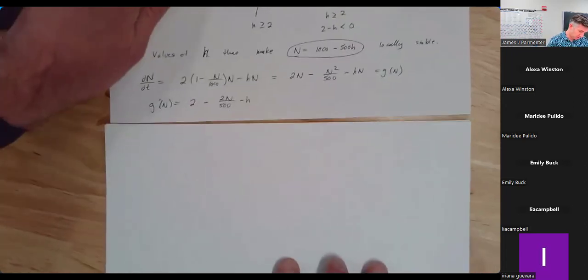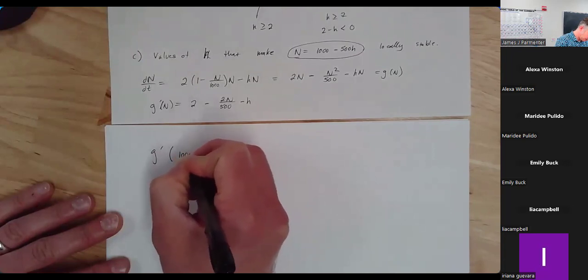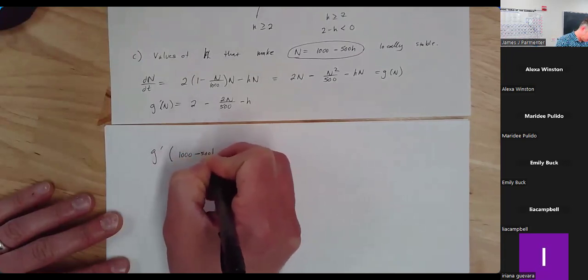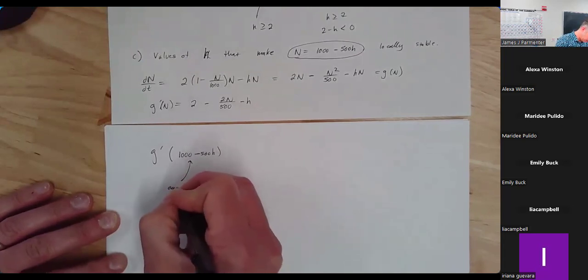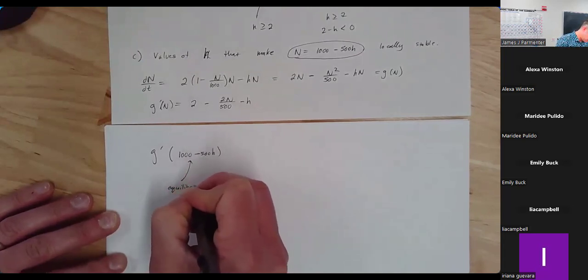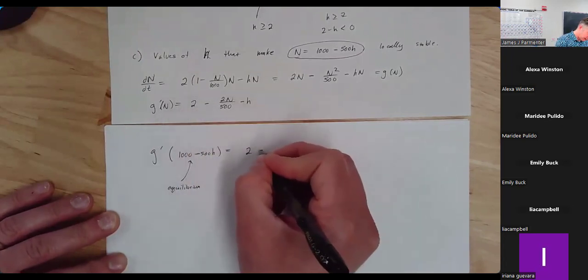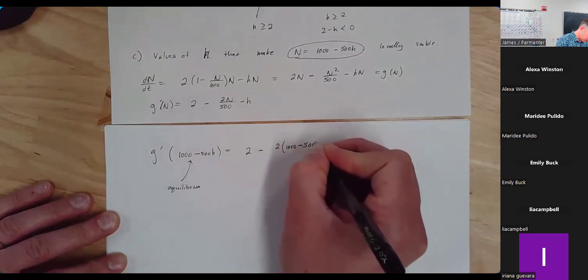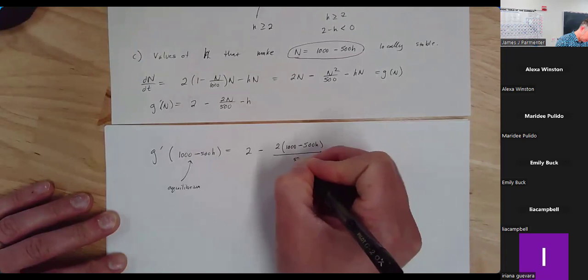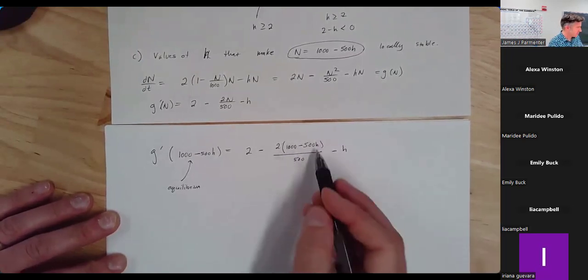So we're going to do g prime of 1,000 minus 500h, because that 1,000 minus 500h is our non-zero equilibrium. And if we plug that in, we're going to get 2 minus 2 times 1,000 minus 500h over 500 minus h. We should clearly simplify this expression.